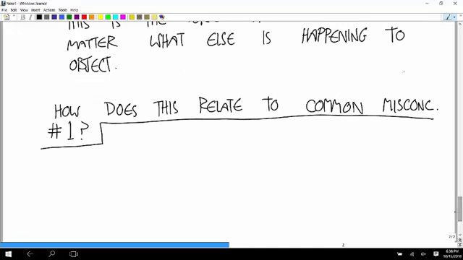Okay, so what is common misconception number one? That's right. So I think the wording I used was something like, gravity makes a larger mass accelerate faster. And it turned out that no, gravity doesn't do that. When that does happen, it's just because air resistance slows down the less massive thing more than the more massive thing.